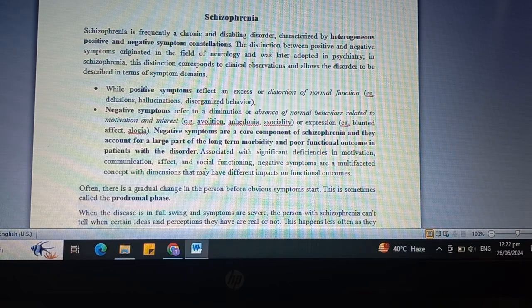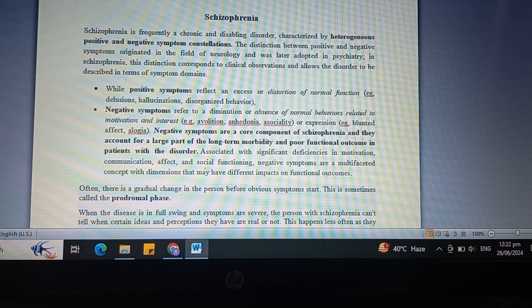That means anhedonia, not feeling any emotion, avolition, not liking to talk, or asociality, or blunted affect and alogia. Your face is flattened, with flattened expression, you don't like to go out to socialize or talk, and you are not reciprocating expressions.